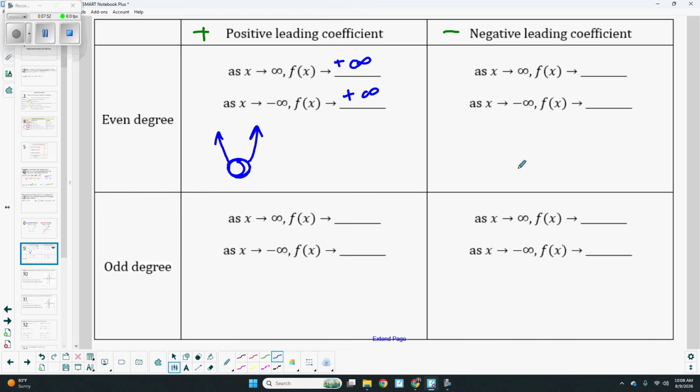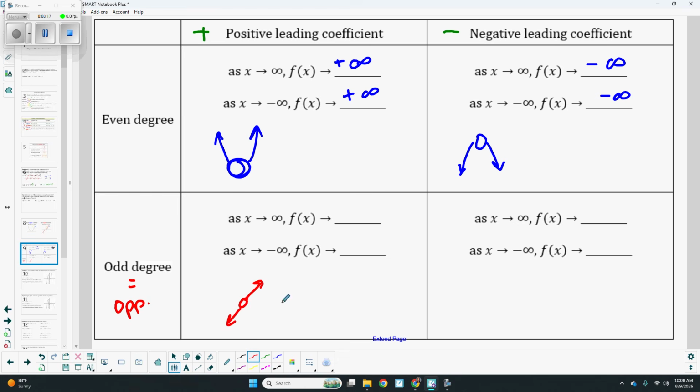Negative and even would look more like this. They're both going to go down. Something's happening in the middle there, but on both ends, they're going down to negative infinity. For odd degrees, odd equals opposite, so they're not going to be the same ever. When it's positive, it's going to look like a positive slope.